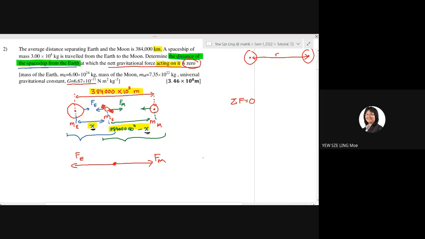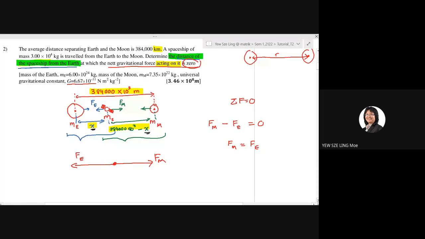I'm just going to say Fm, the first going to the right, minus Fe is equal to 0, because the total force acting on the spaceship is 0, which means the force going to the left must be equal to the force going to the right in order to get the summation of F equal to 0. So rearranging the equation, you obtain Fm equals Fe.